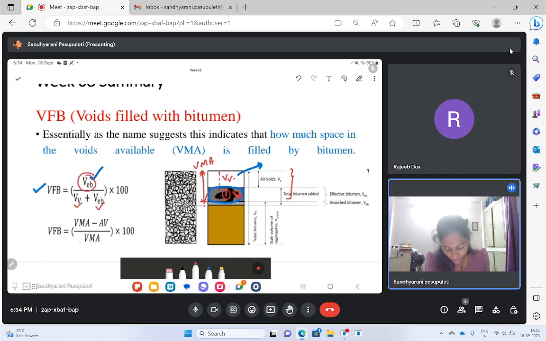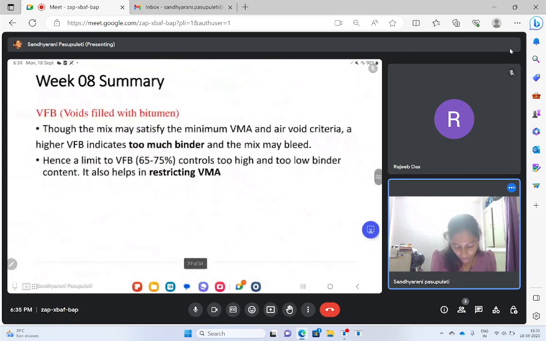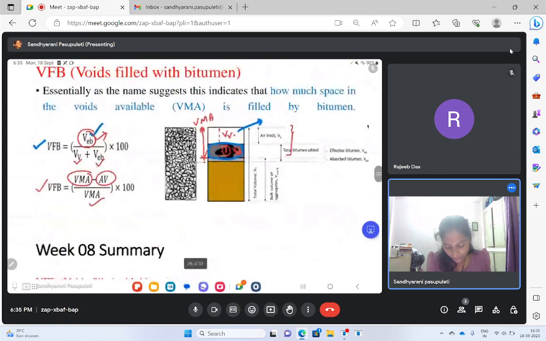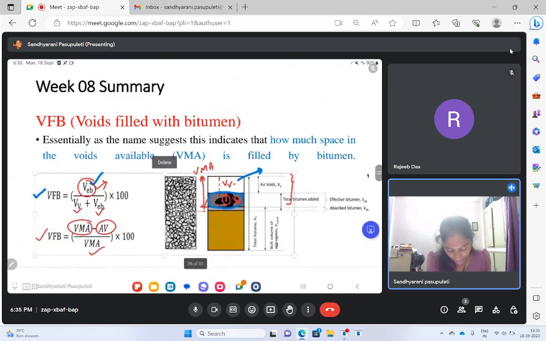We can also rewrite that as you can see here, volume of effective bitumen is nothing but total VMA. Out of total VMA, if I remove the air voids, you will get the effective bitumen, divided by VMA. So this VFB actually depends upon VMA and also air voids.